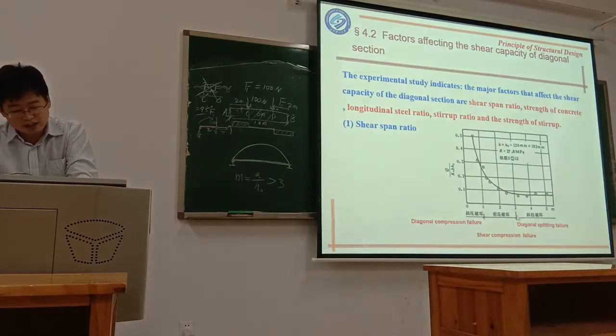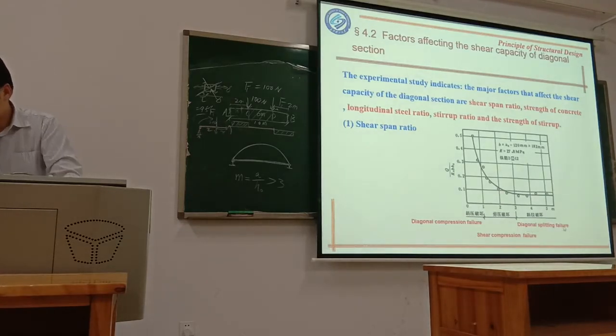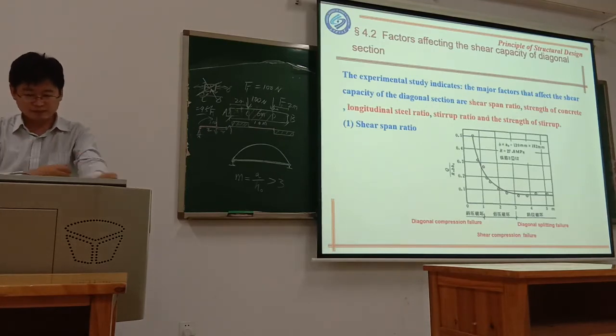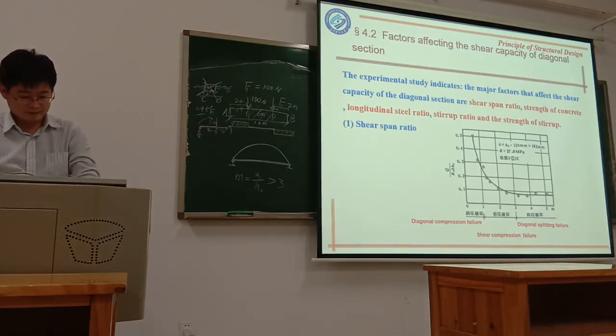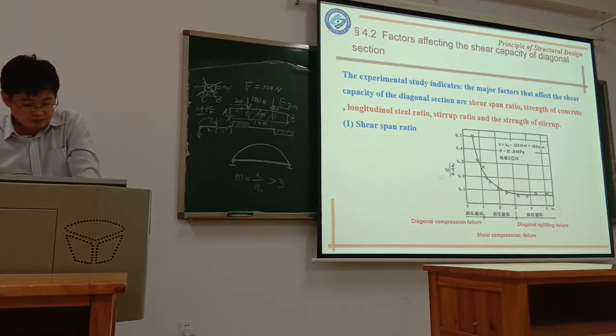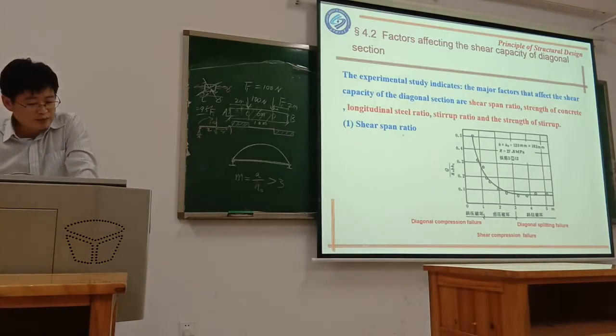Once m is larger than 3, it belongs to diagonal splitting failure. These influence the shear strength ratio m.